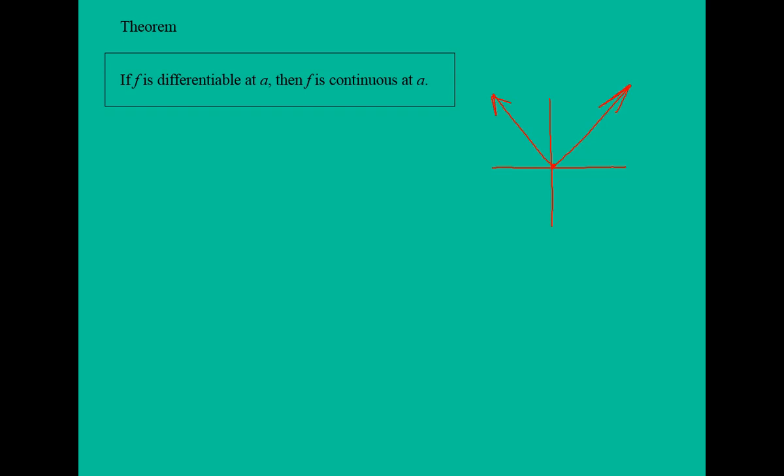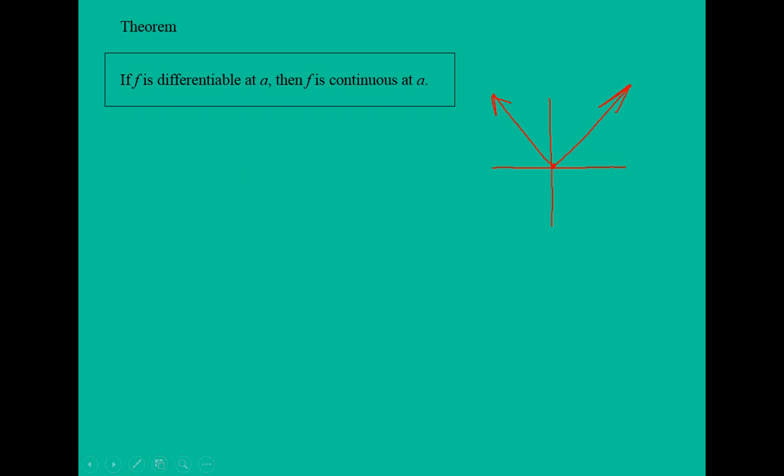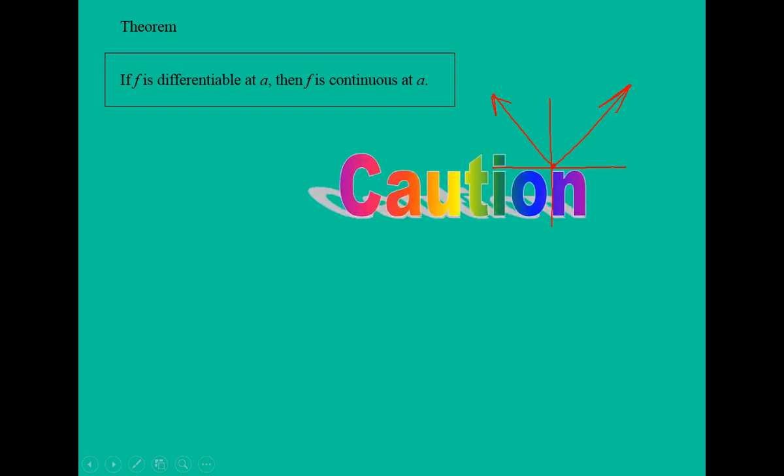However, it was not differentiable. So this is not an if and only if statement. We only can say if f is differentiable at a, then f is continuous at a. We cannot say that if it's continuous at a, then it is differentiable. So be very careful with that.